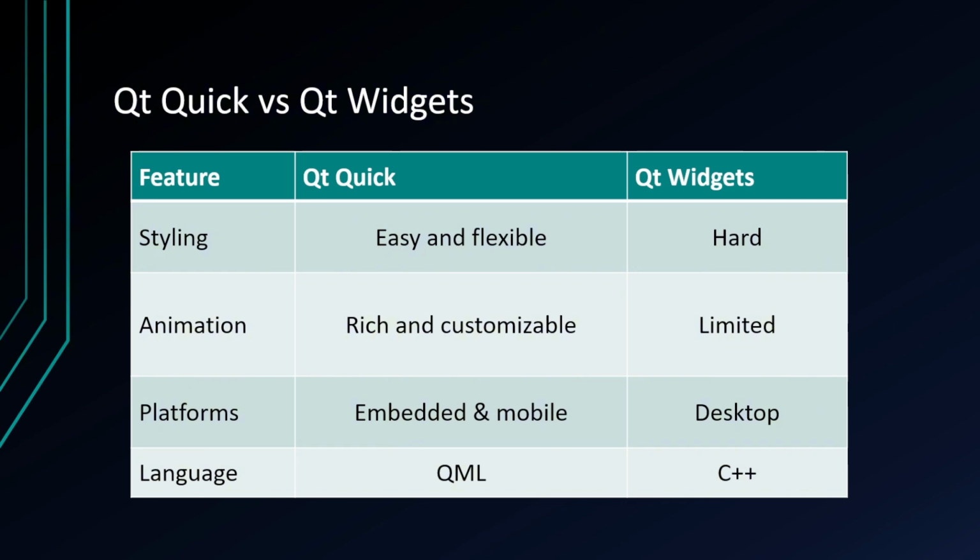But in Qt widgets, you make everything in C++. I will use Qt Quick in the series because it is more modern and gives us more flexibility. Nowadays, most companies that are using or starting to use Qt prefer Qt Quick.